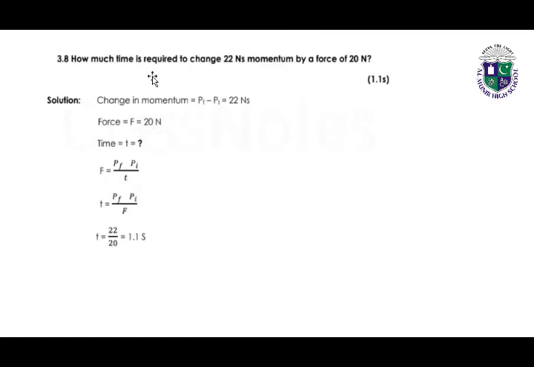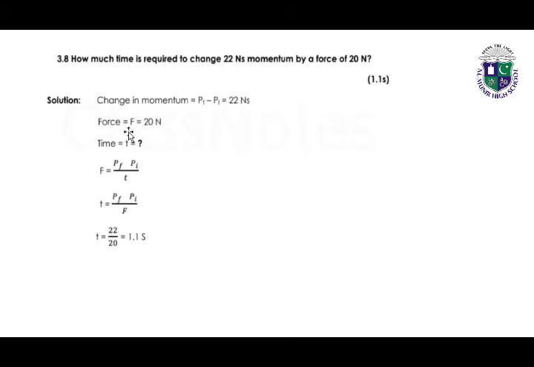Next, how much time is required to change 22 Newton's momentum by a force of 20 Newton? So here in the statement, the momentum is changing from initial to final. So change in momentum is final momentum minus initial momentum, which is 22, and it is given in the question.